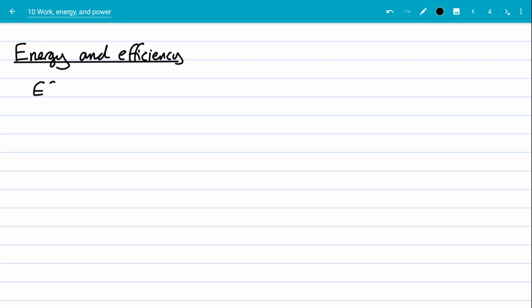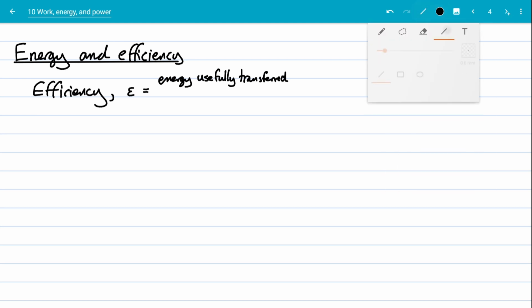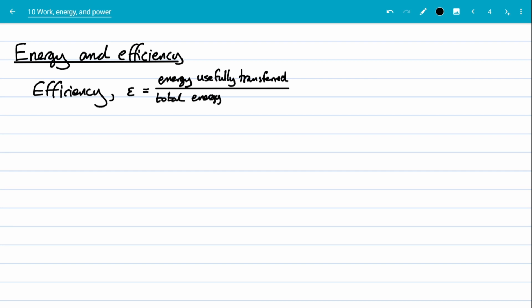At GCSE level, you learned that efficiency, and I'll use the symbol epsilon for this, is defined as the energy that's been transferred usefully, energy that's usefully transferred, divided by the total energy that is transferred.